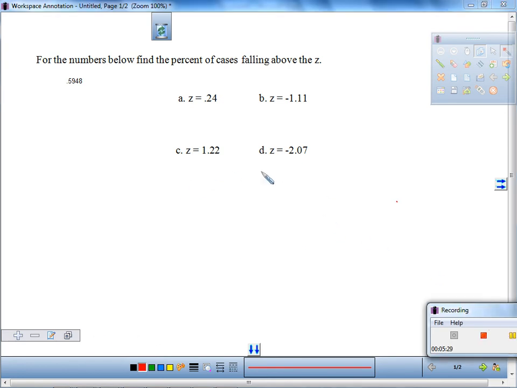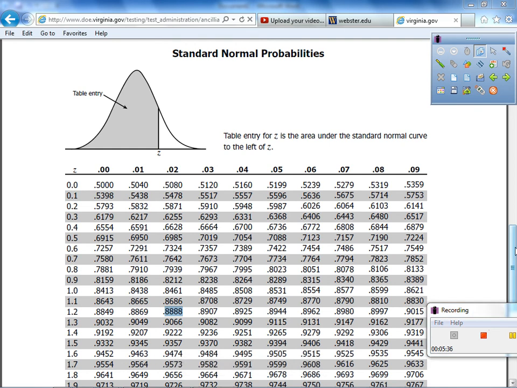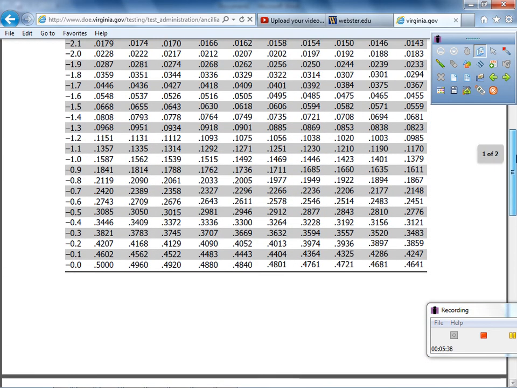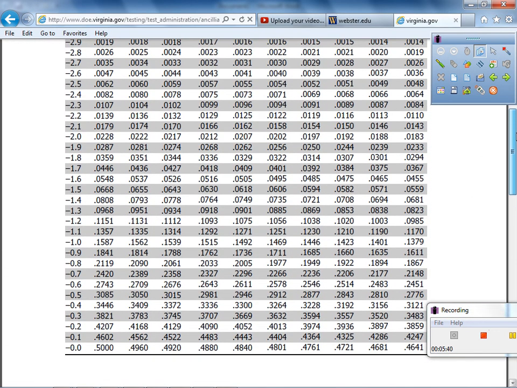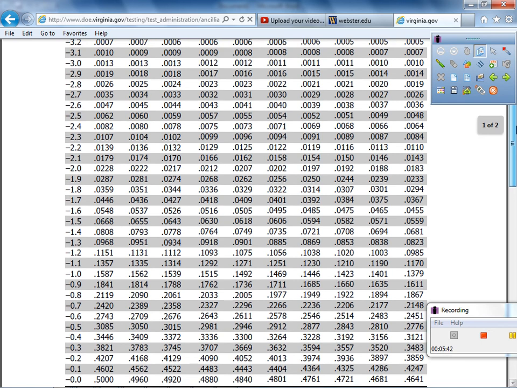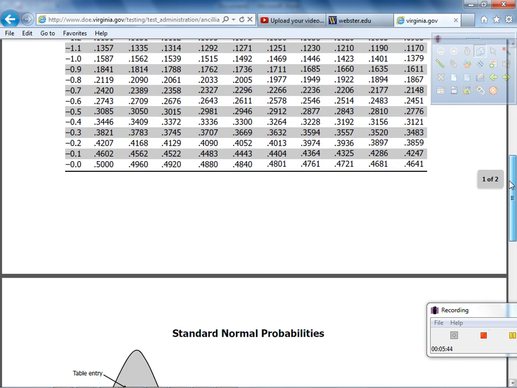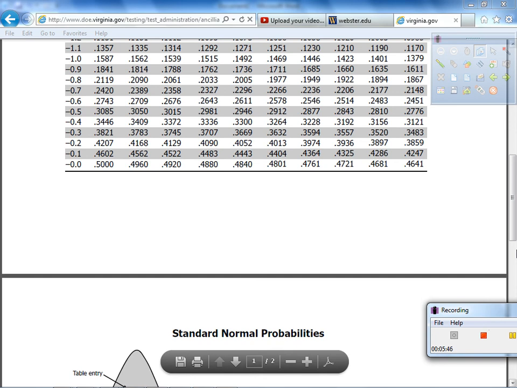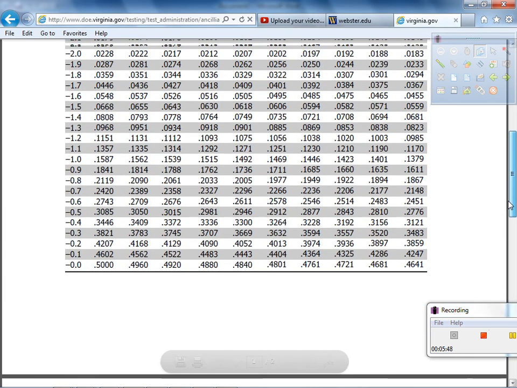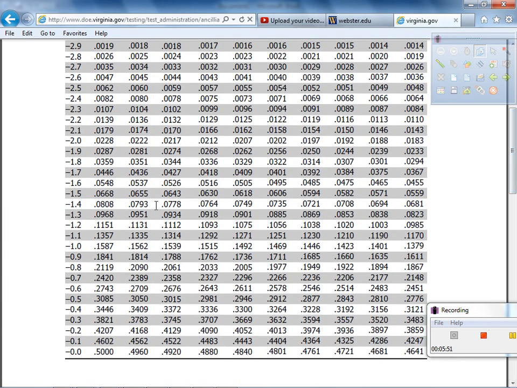Alright, let's go ahead and do D. Let's go look up our table value of negative 2.07. Sorry, it's negative 2.07.